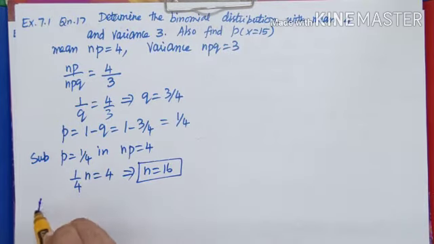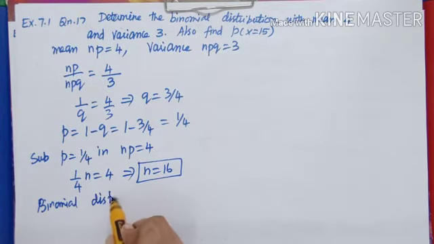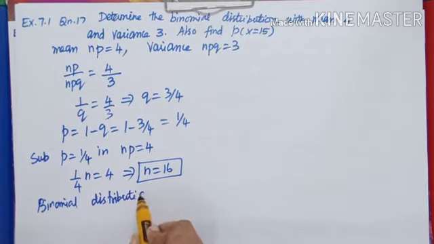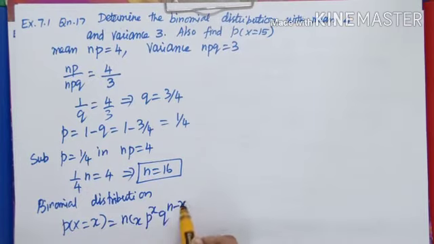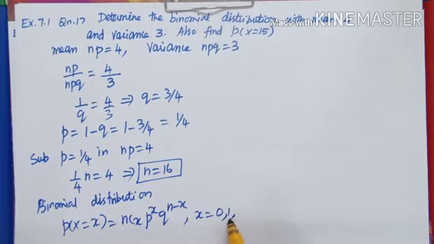What is the binomial distribution? We write P of X equals x equals nCx, p power x, q power n minus x. x is from 0, 1 up to n.